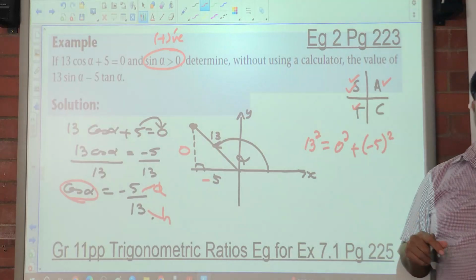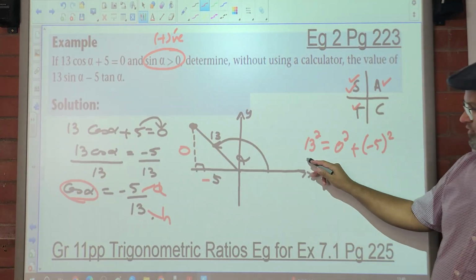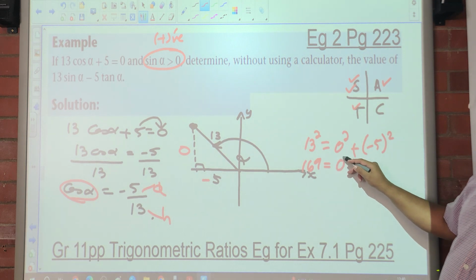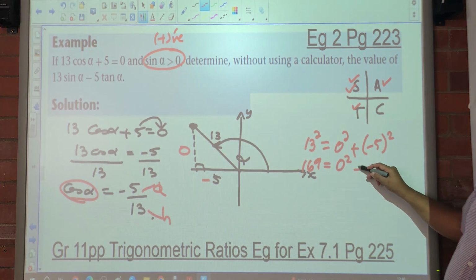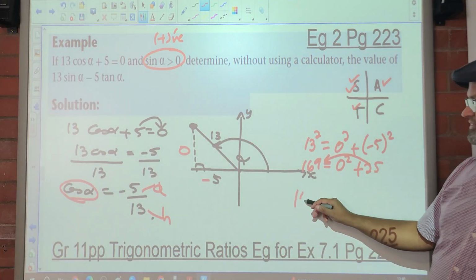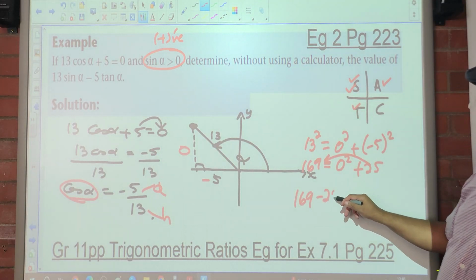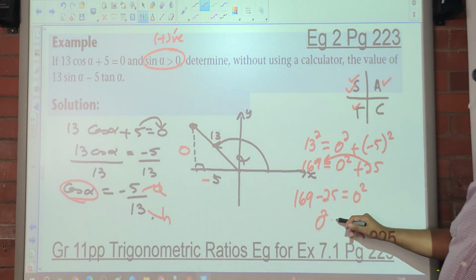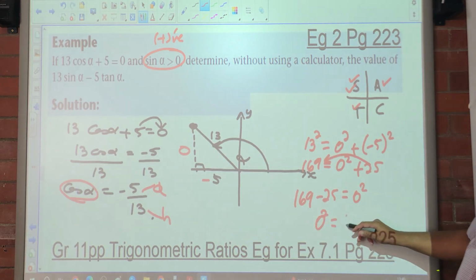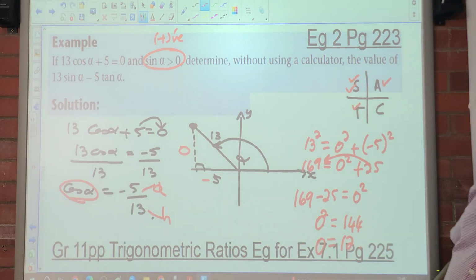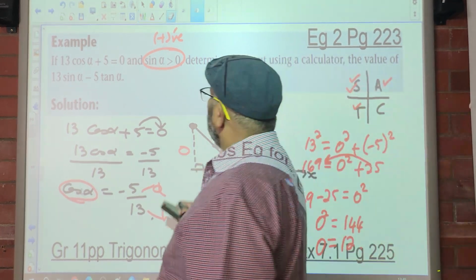What is 13 squared? 169 is equal to O squared plus 25. We get over the equal sign. So 169 minus 25 is equal to O squared. O squared works out to be 144. The square root thereof, your opposite is 12.